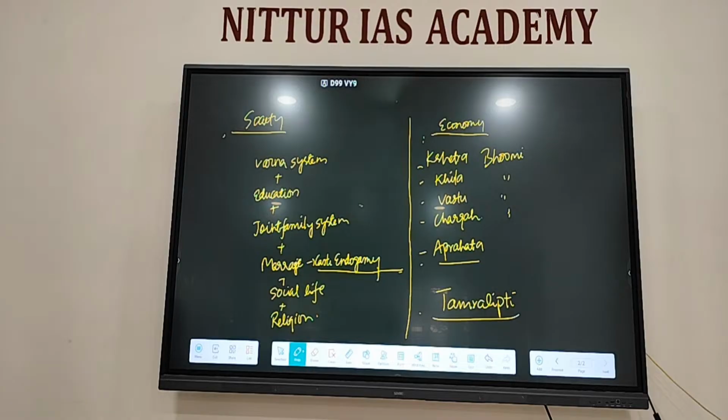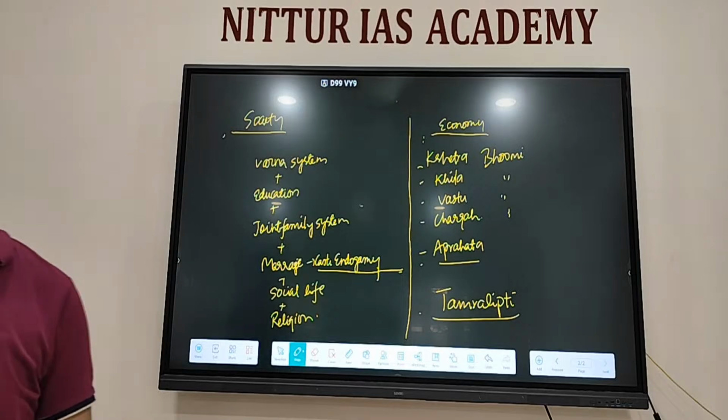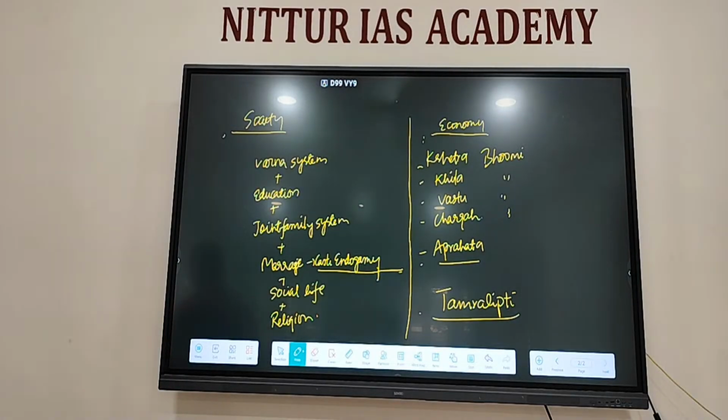But the trade started declining in the later part of the Gupta's period, leading to a change in the agriculture system.